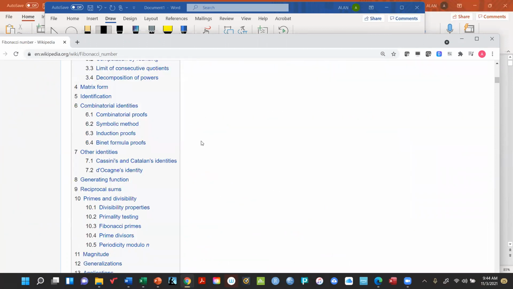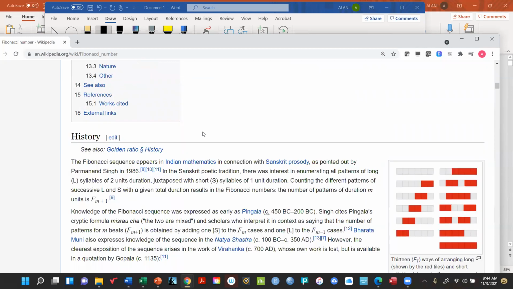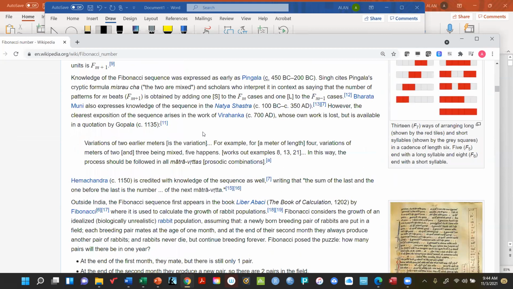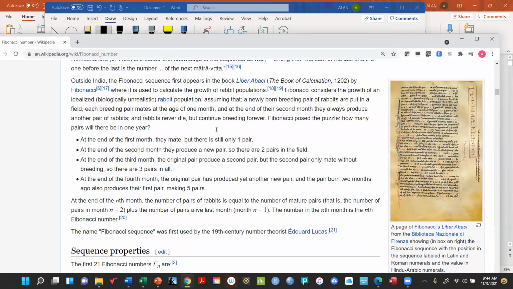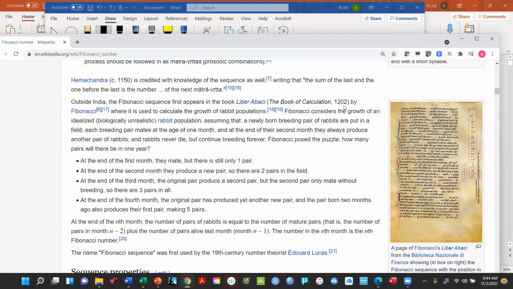All right. Oh, here we go. History. Here it is, 1202. Wow, it's even further back than I realized. 1202, he invented this. It is used to calculate the growth of rabbit populations, okay?